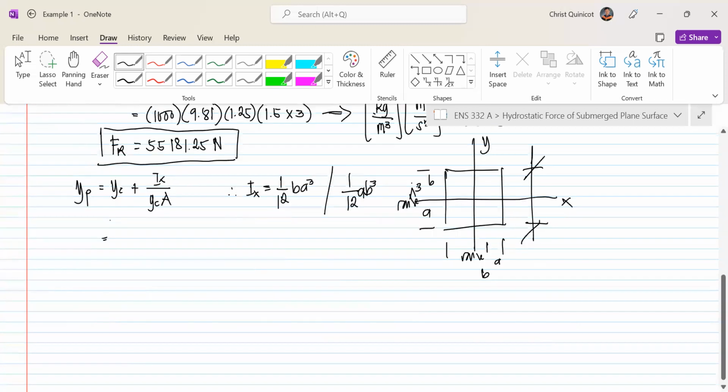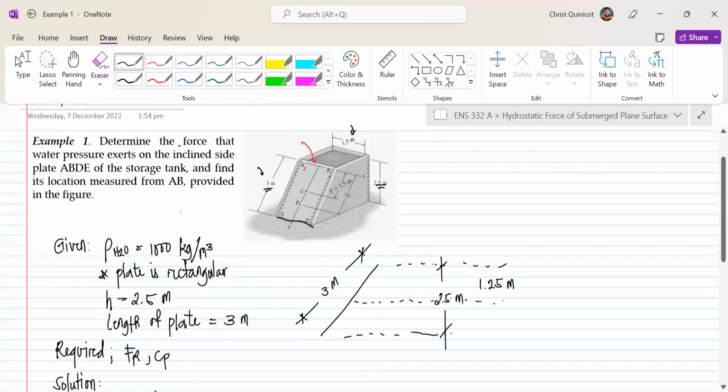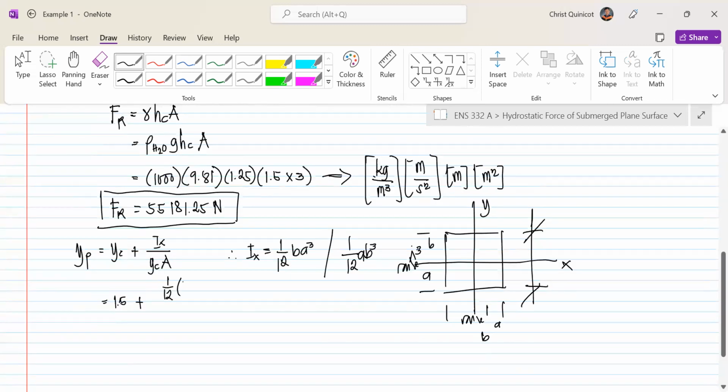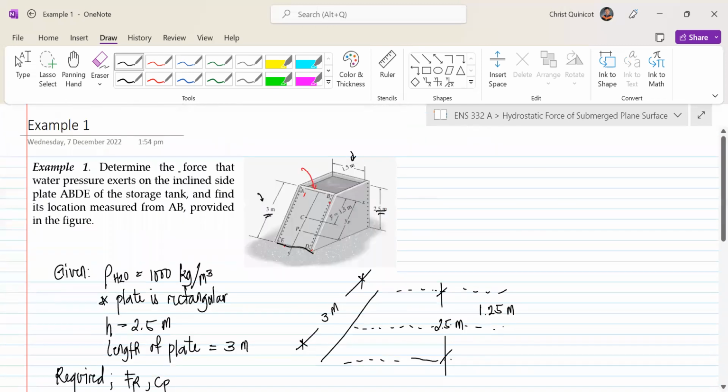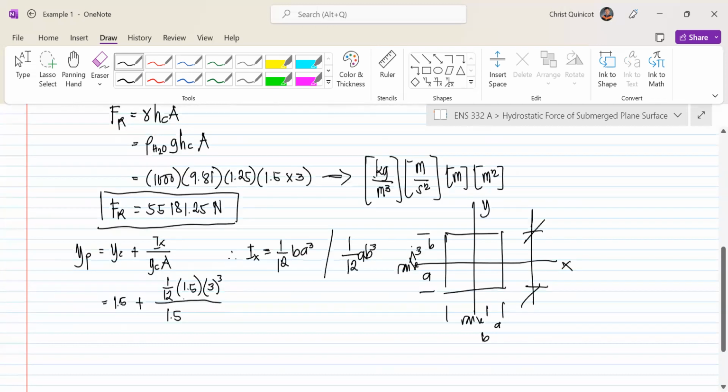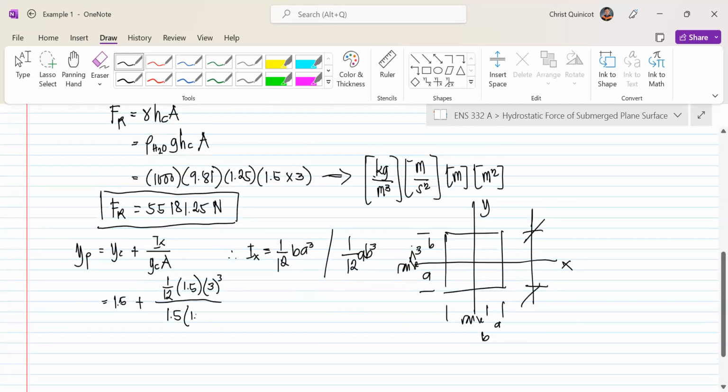So that is 1.5 plus I sub x, which would be 1 over 12 of, again, the base that I will be using is 1.5, and what is being raised is 3, 3 cubed, divided by the area, 1.5 times 3, times 1.5 times 3.